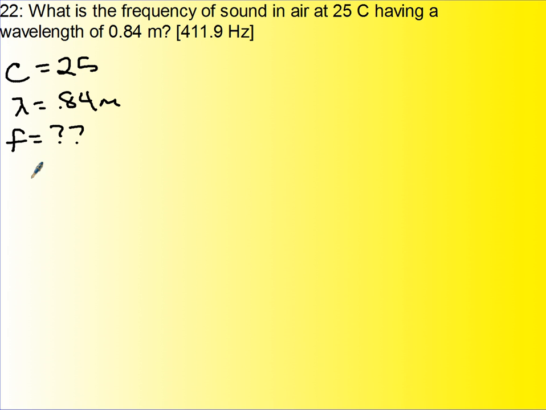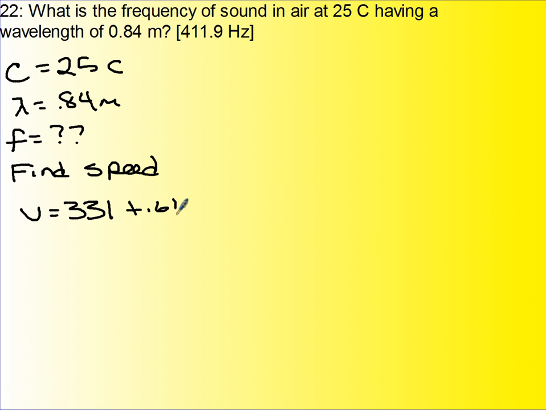So the first thing you need to do is find the speed of sound in air. When you have a temperature and need a speed, I know V is 331 plus 0.6 C or T. You can call it T or C.